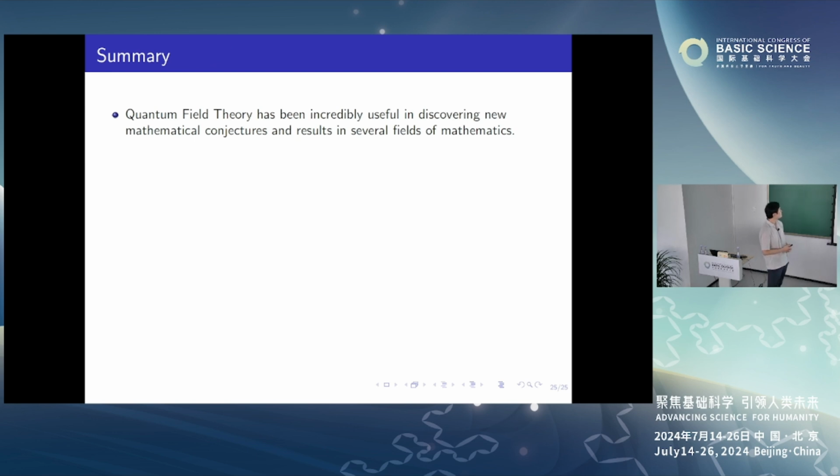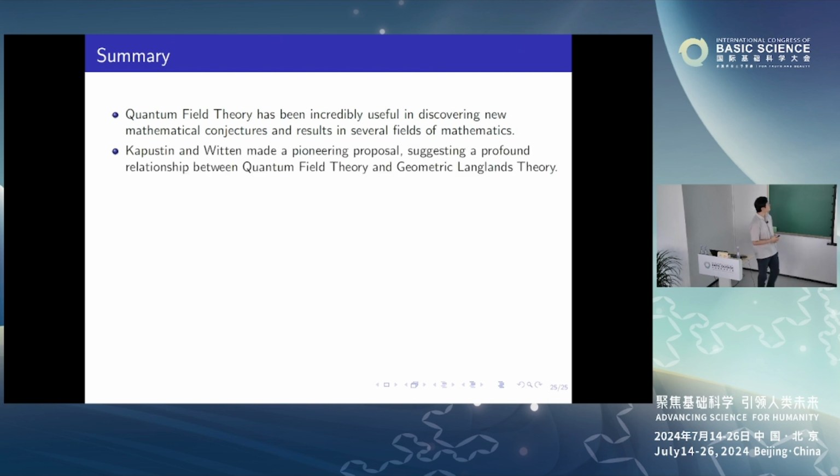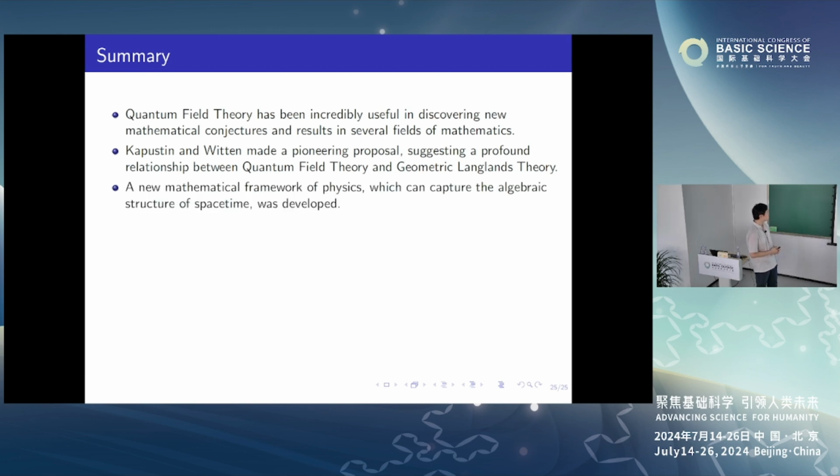Okay, for summary, QFT has been pretty useful in many ways. Kapustin and Witten made a proposal on the relationship between geometric Langlands and quantum field theory, and somehow it didn't quite capture the algebraic dependence of your space-time, but a mathematical framework can be developed for that.